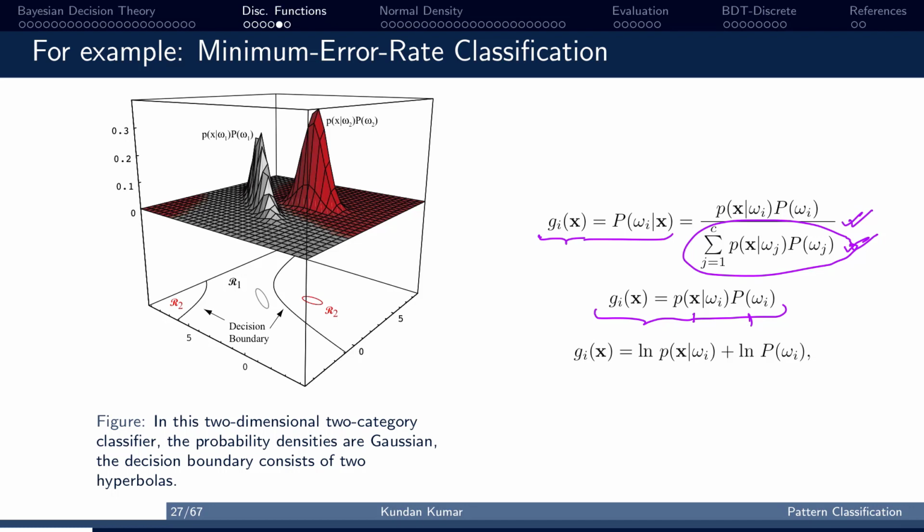So we can apply a monotonically increasing function like the logarithmic function on this discriminant function, so that the multiplication converts to addition. This is the new discriminant function, which is the sum of two terms: the ln of the likelihood plus the ln of the prior probability.